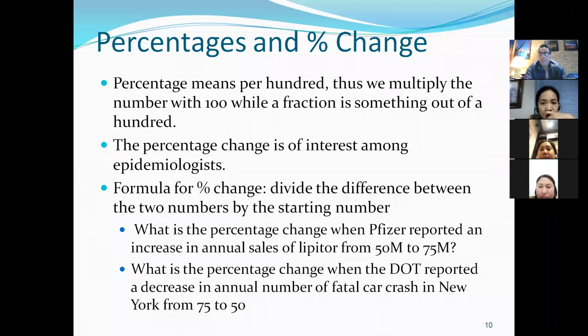And that will give you, let's see what everybody says. Very good. A 33% percentage change, which is really quite high.